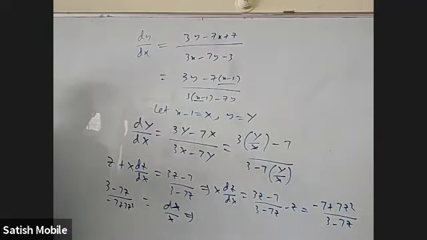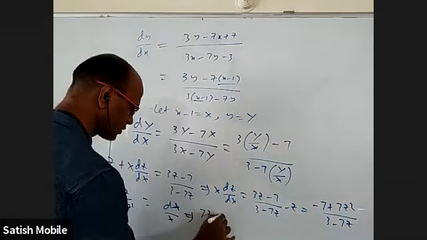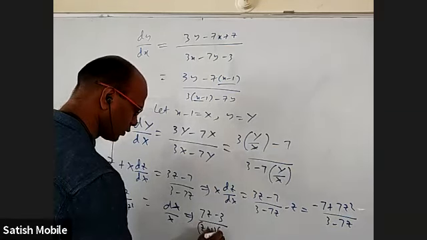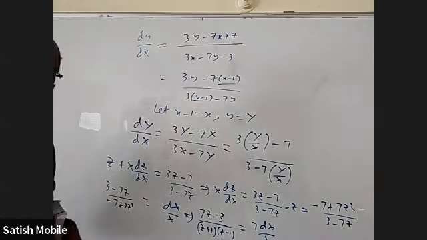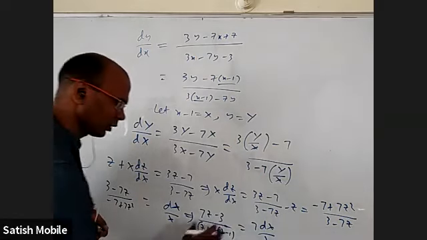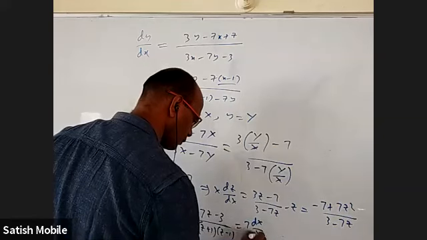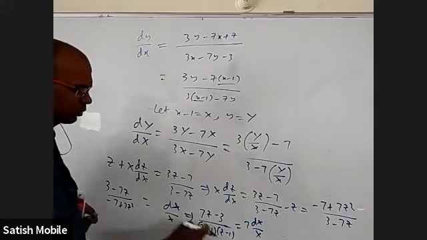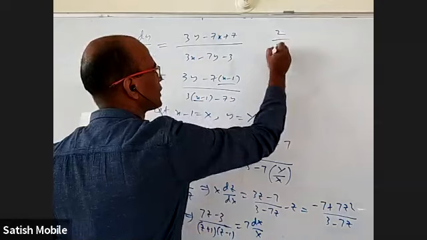I take a minus common and take the 7 outside, or 7 this side. I'm going to get (7z − 3)/(z² − 1), where z² − 1 is (z + 1)(z − 1), equal to 7 dX/X. If I do partial fractions and put z equal to 1, this will be 4 by 2, 2. So 2/(z − 1).